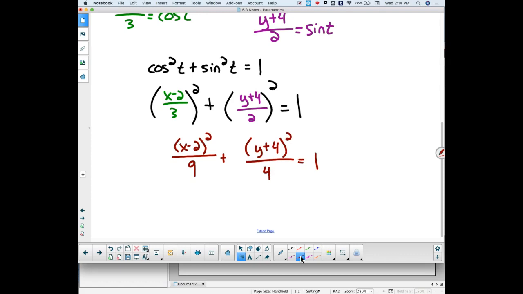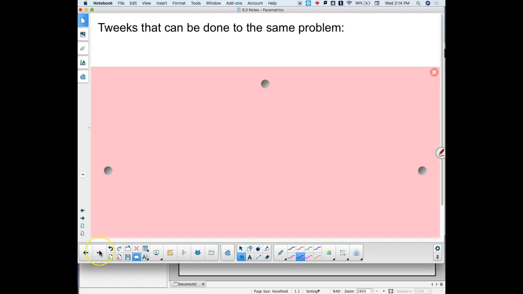And so I've eliminated the parameter and got the same thing that we would have gotten first semester. Okay. Love it. Good times.